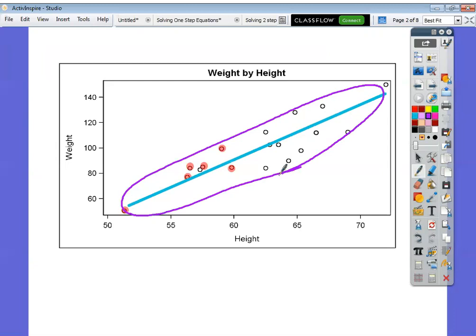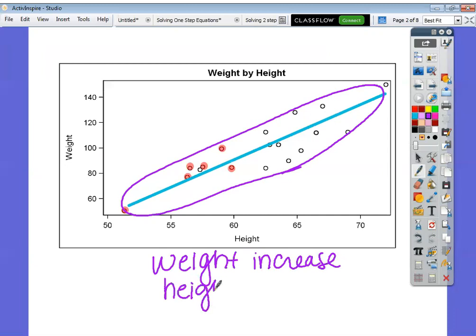So what we can see from this is as the weight increases, our height increases, or vice versa. We probably should say, as our height increases, our weight increases.